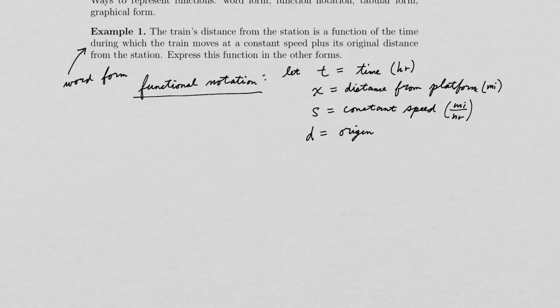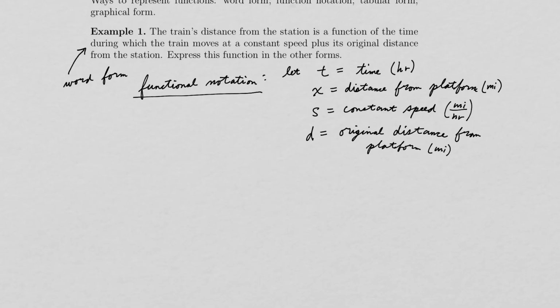So this is the original distance from the platform, and that is also in miles. Okay, so I can write this equation as a linear function.